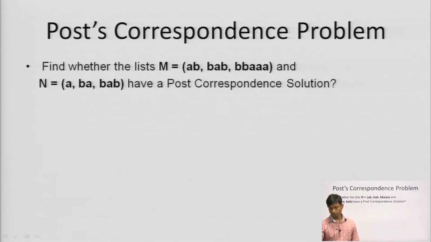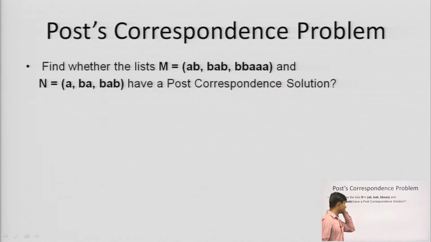Now we go to another numerical, see this one. The post correspondence problem, find whether the list M = (AAB, BAB, BBAA) and N is (A, BA, BAB) has a solution.